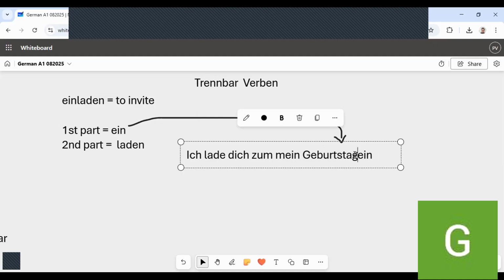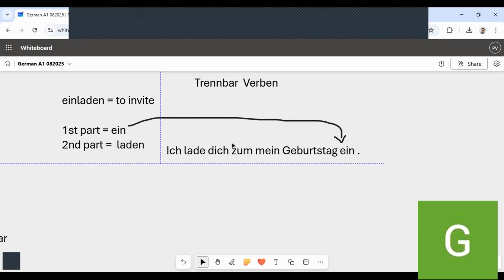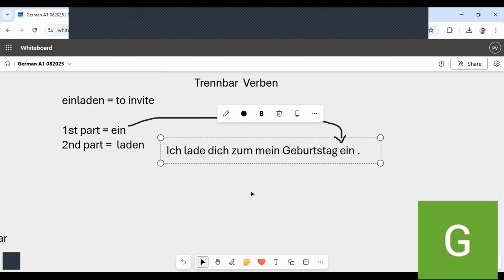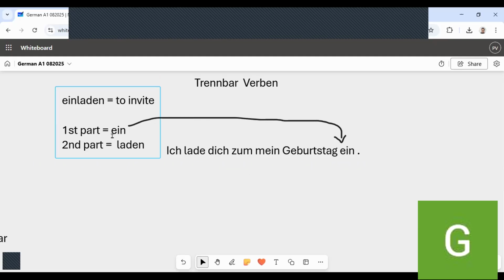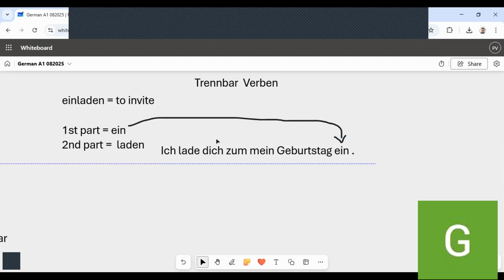This is the sentence we are framing using the verb. The first part will come at the end of the sentence, and only the second part will be conjugated. So what's the conjugation of this Trennbar verb?